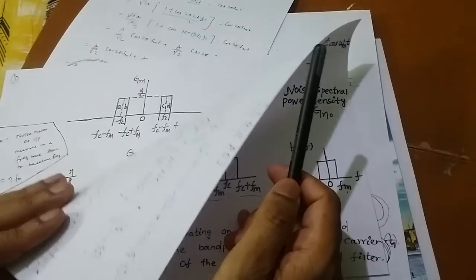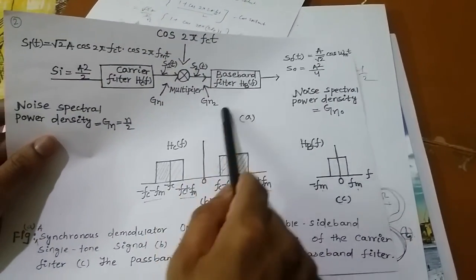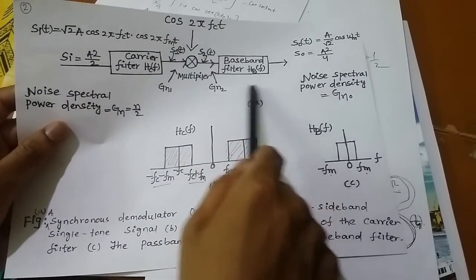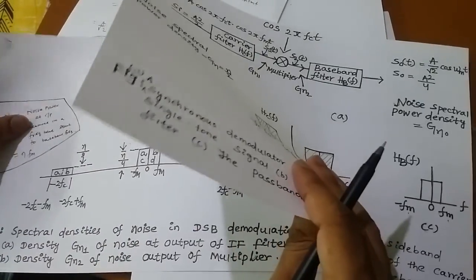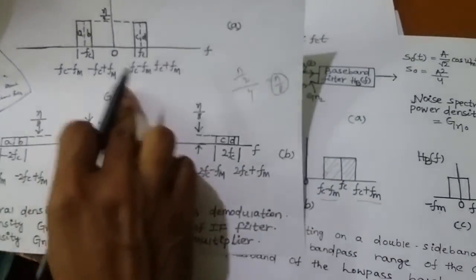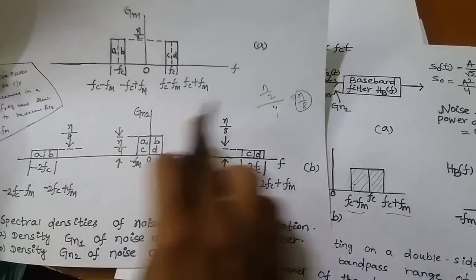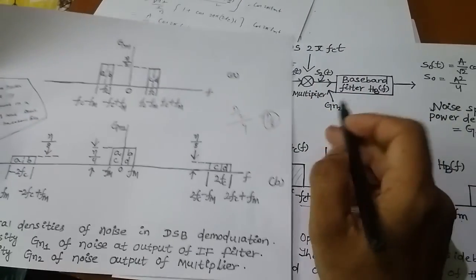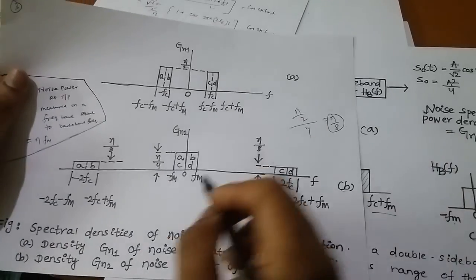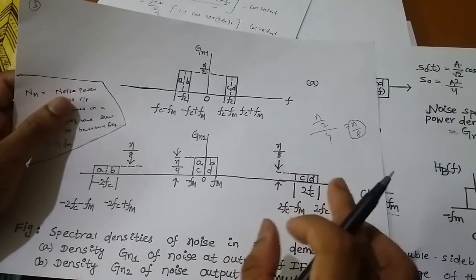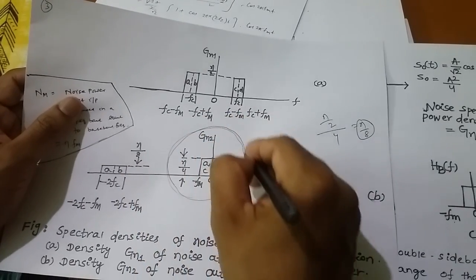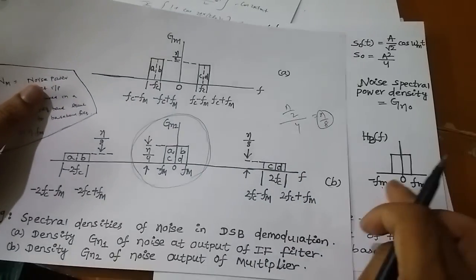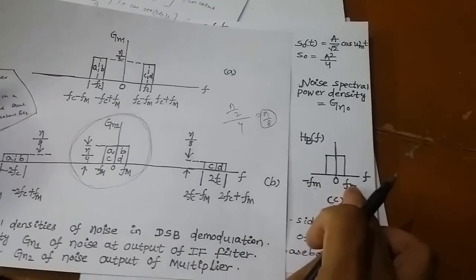Now this Gn2 we have passed through a baseband filter. When Gn2 is passed through a baseband filter, which portion will be filtered out? This portion, because the band of the baseband filter is minus fm to plus fm.